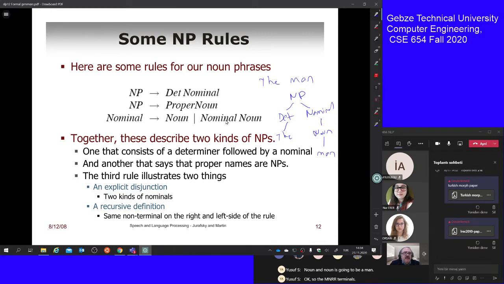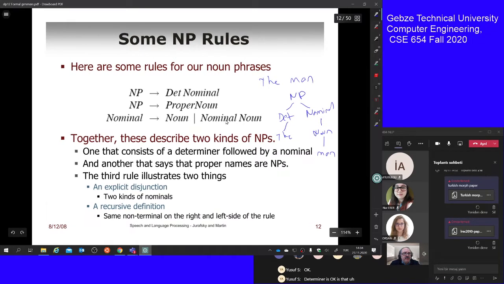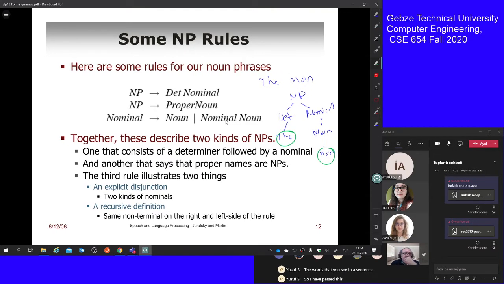Determiner is a non-terminal. So these terminals are the words that we see in a sentence. So I have parsed this sub-sentence using just these four simple rules.